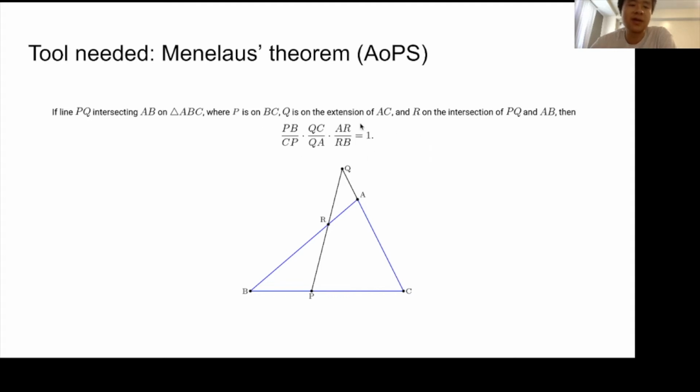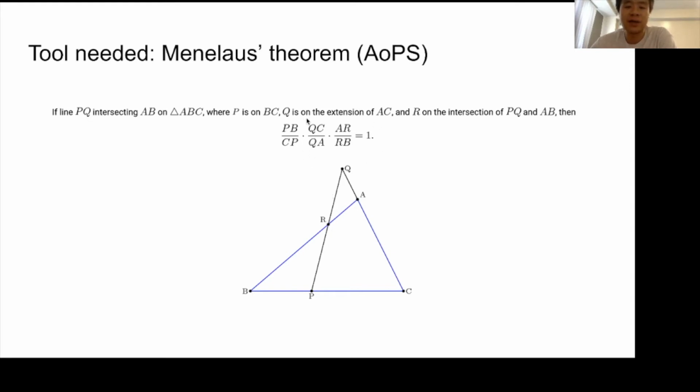This is also an if and only if condition, where if you have this relation, and also the points are in a certain order, meaning that if you have P on segment BC and then Q outside and R inside, then you'll get that P, Q, and R lie on the same line. So these are all equivalent.